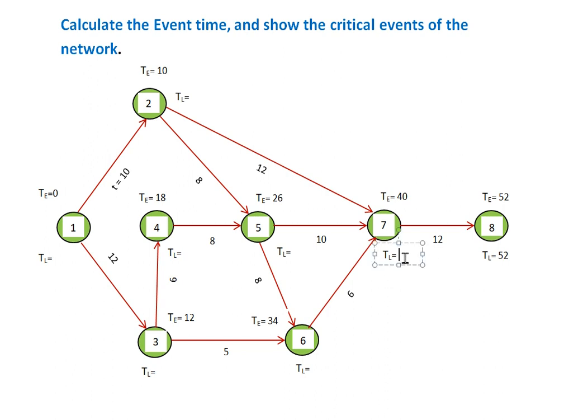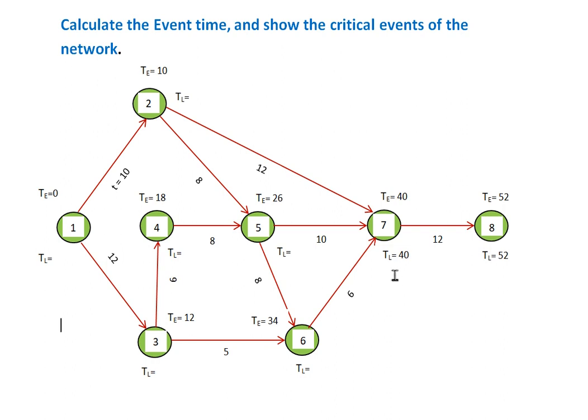By formula, we need to subtract the time, that is 12, from the time of the head event, so 52 minus 12, so there will be 40. The latest time for event 7 will be 40.